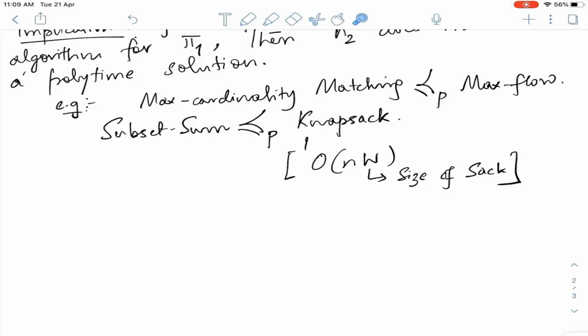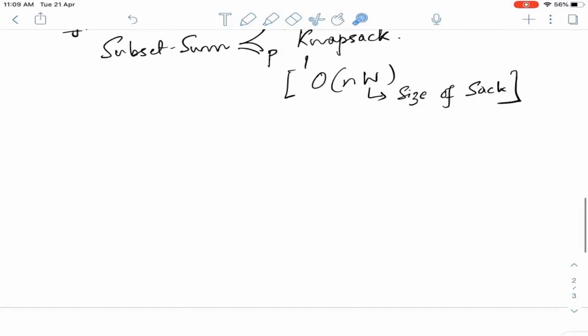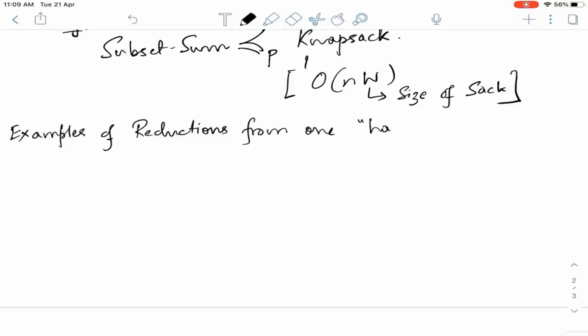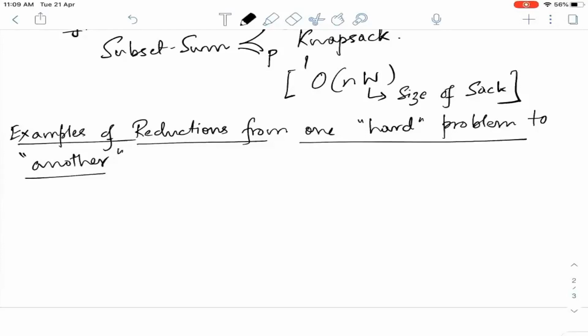Okay, so let's go on to examples of reduction from one hard problem to another.